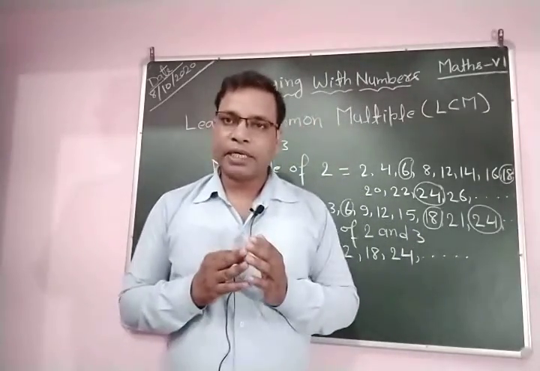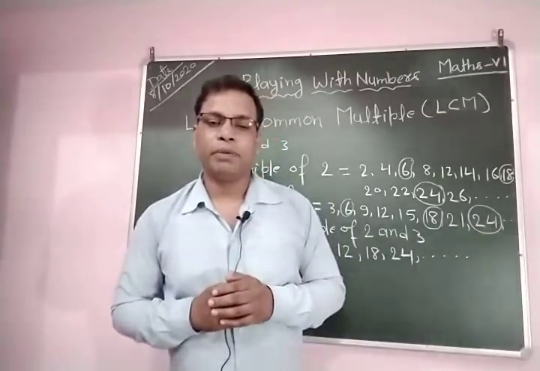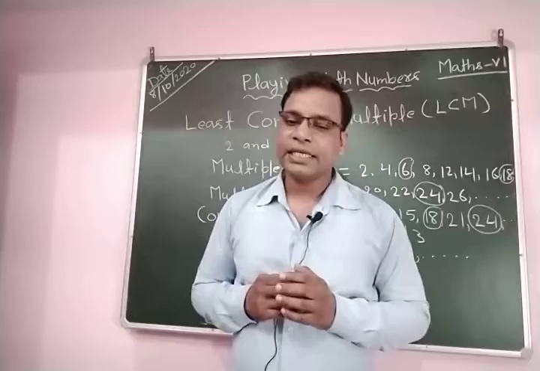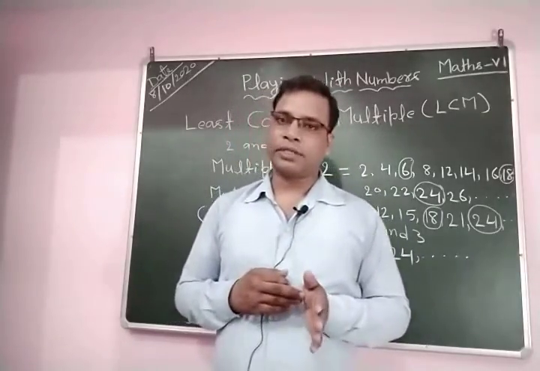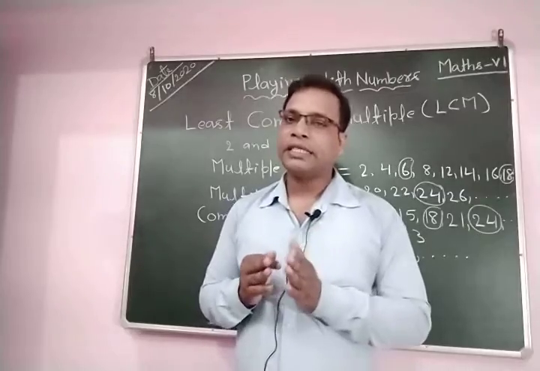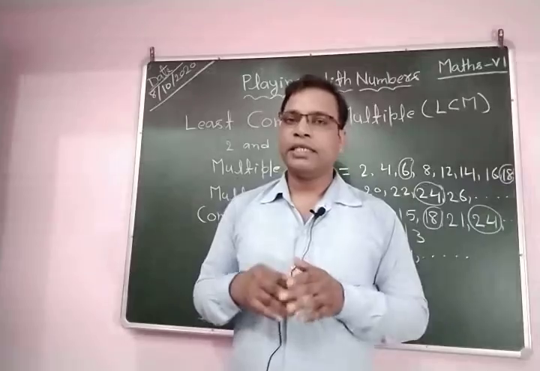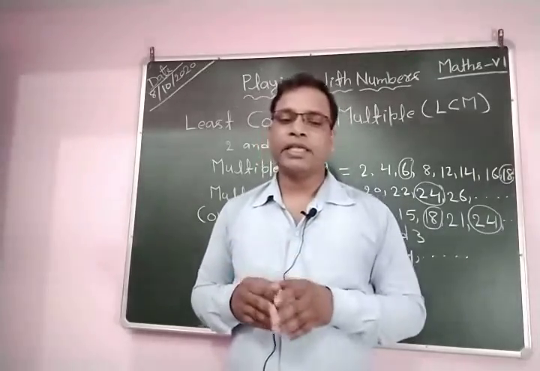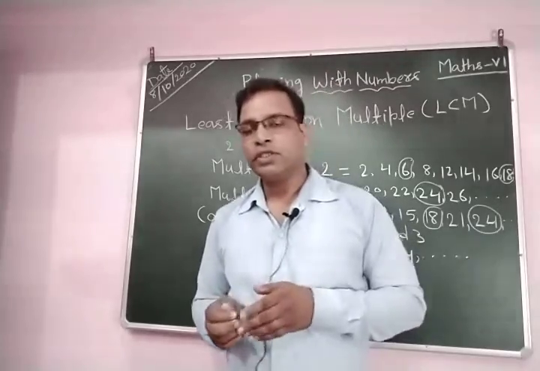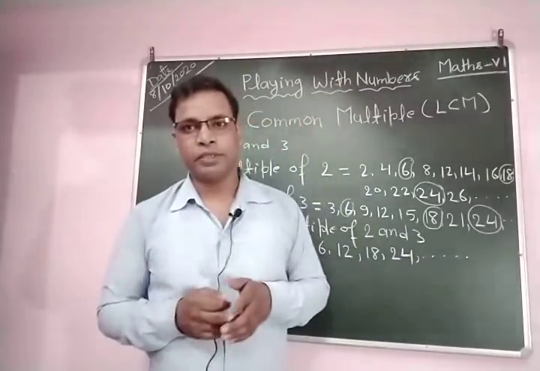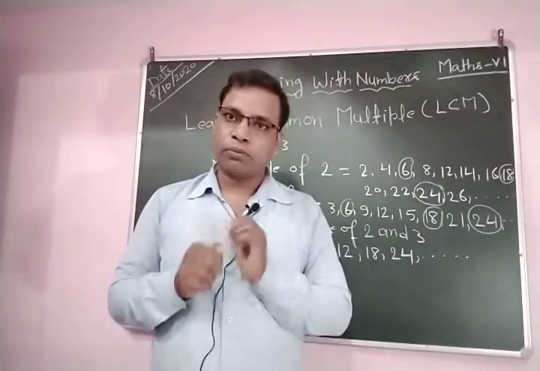The LCM of two natural numbers is the smallest natural number which is a multiple of both numbers, or you can say it is divisible by both numbers.